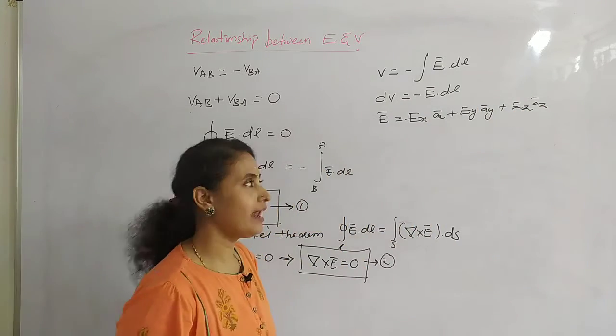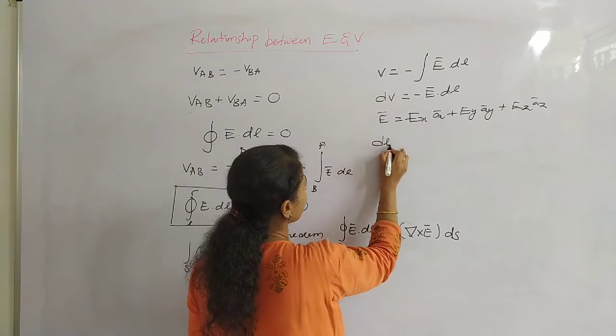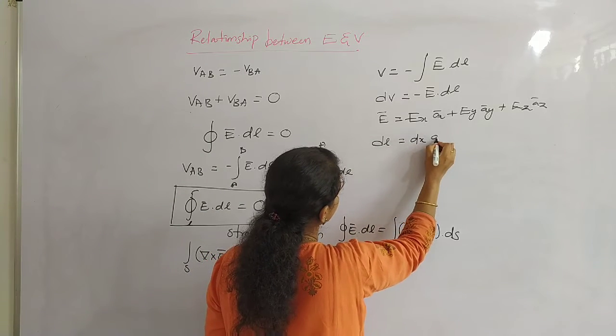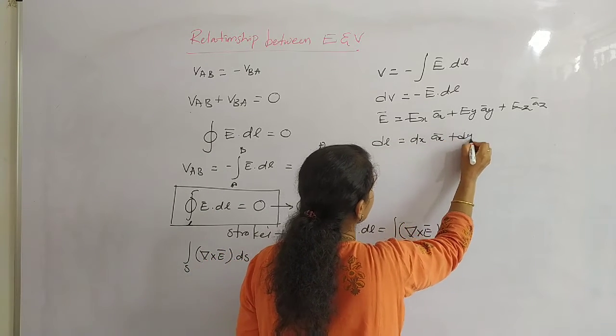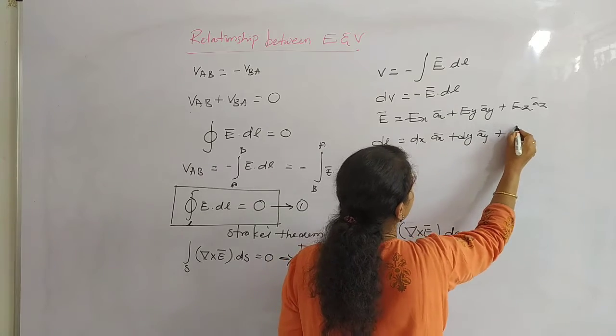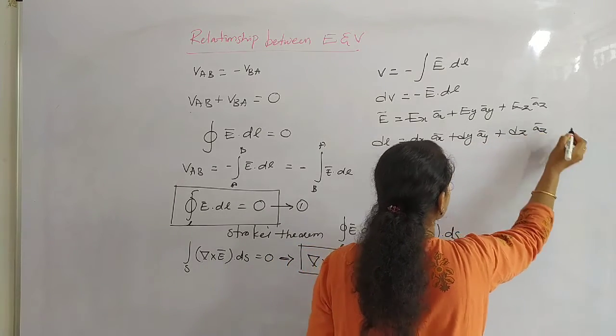And what is dl in Cartesian? I can write dl as dx ax plus dy ay plus dz az.